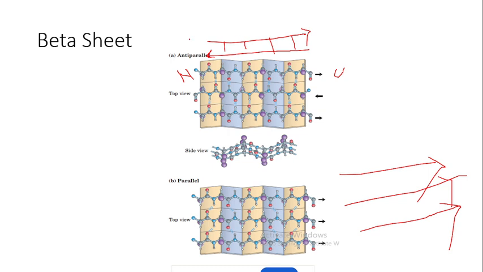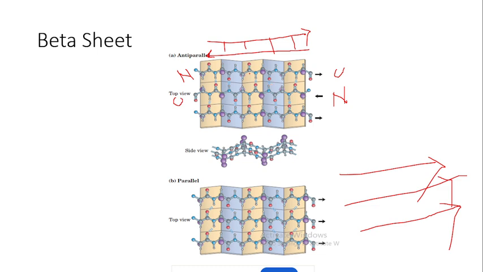So the direction is left to right. In the second layer, N is here and the carboxylic terminus is here. So the direction is this side. That's why it is anti-parallel.